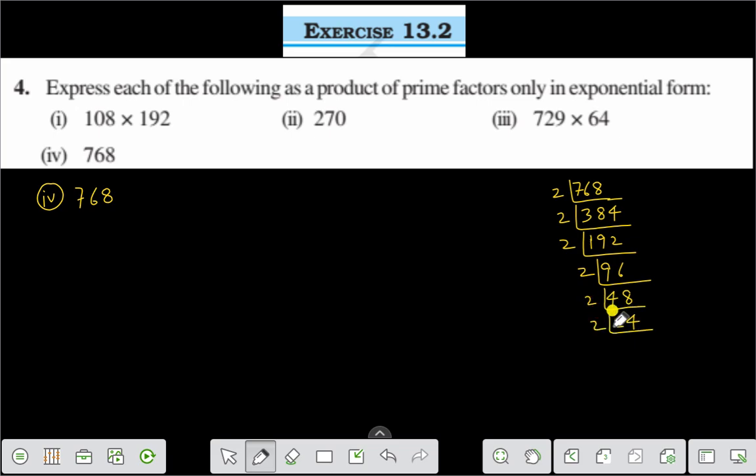Again by 2, that is 2 12 is 24. 2 6 is 12. And 2 3 is 6, 2 3 is 6. Therefore we are getting 2 to the power, how many 2's? 1 2 3 4 5 6 7 8. 2 to the power 8 into 3. This is the answer, right? That is 2 to the power 8 into 3.